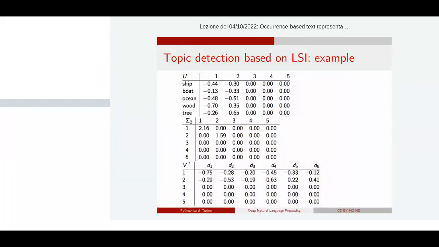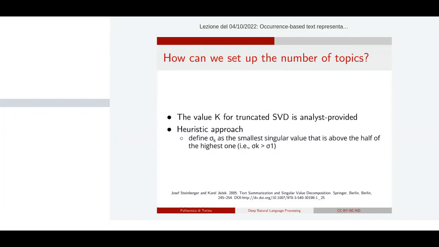Is this an exact approach? Of course not. It's an empirical heuristic method which can be applied in order to automatically configure the parameter k. If you already know, for some reason, in your application, what is the actual number of topics, please use it.